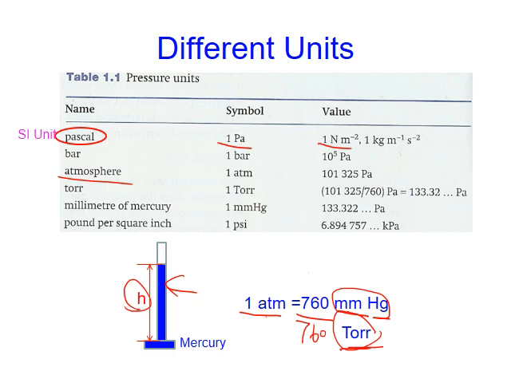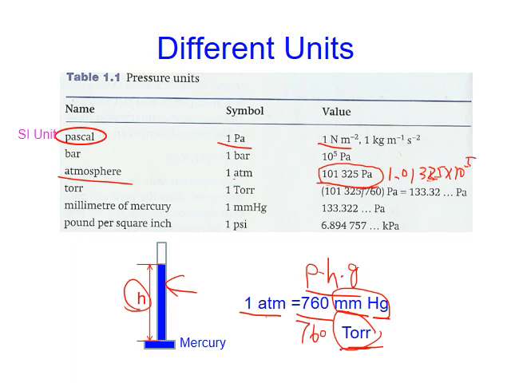If we multiply density of mercury times this height times gravity, this will give you 101,325 Pascal. So 1 atmosphere equals 101,325 Pascal, or 1.01325 times 10 to the 5th power Pascal.